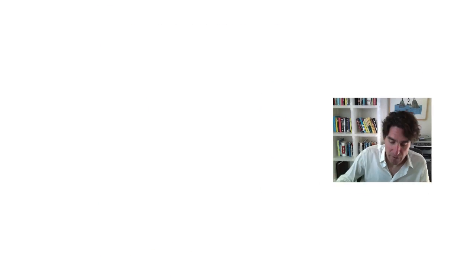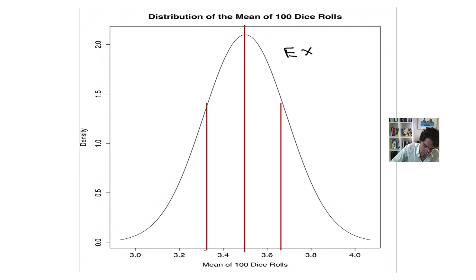Now we can picture the expected value and variance on a graph of the distribution of the sample mean. Remember that the expected value of x bar that we derived just before was equal to 3.5, and the variance of x bar is equal to 2.92 over 100.